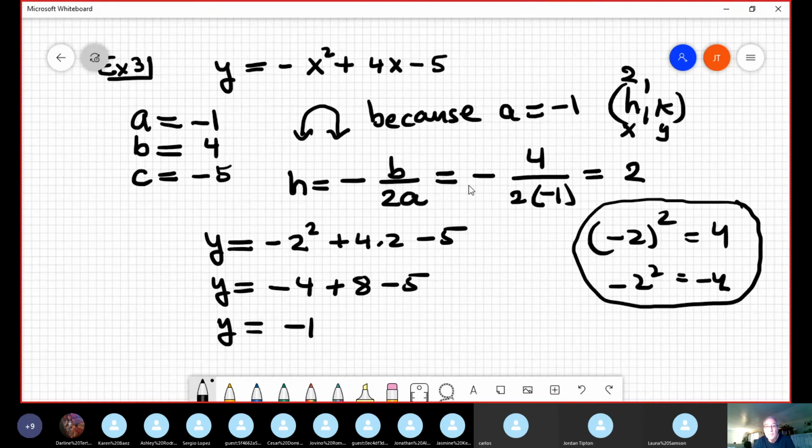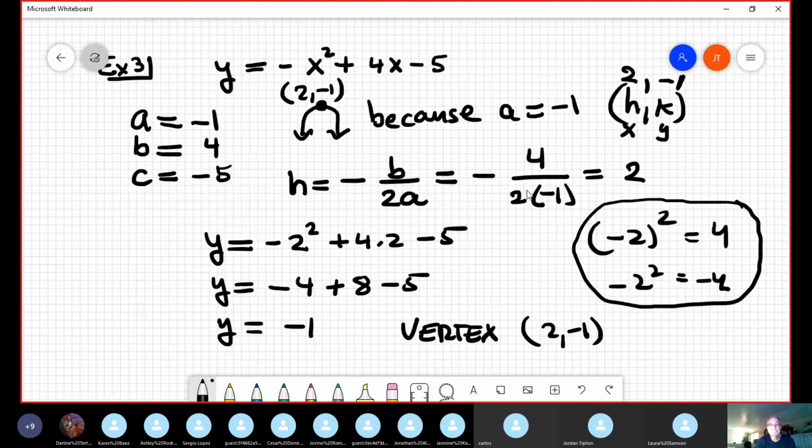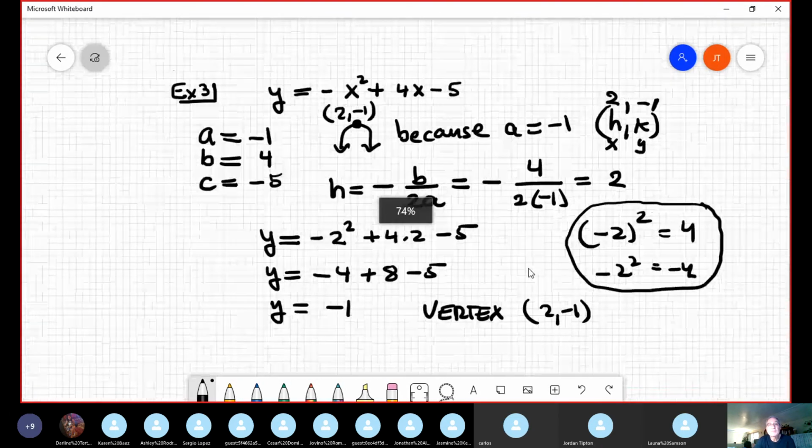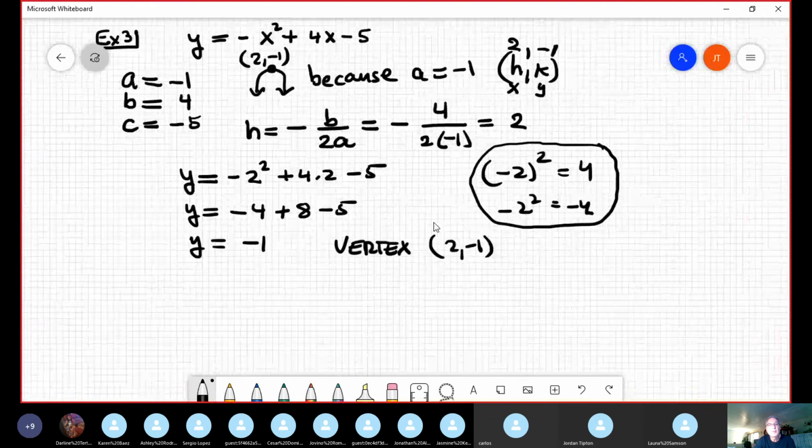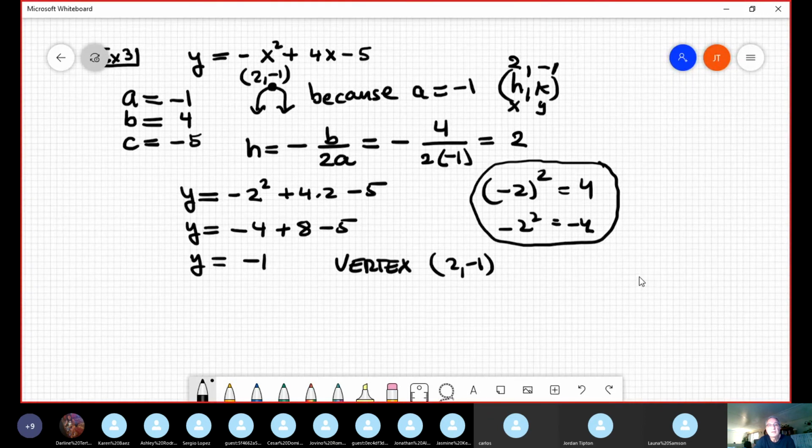So k is -1, and our vertex is located at the point (2, -1). So I have some information about this parabola: it opens down, and the vertex is (2, -1). More clear now?